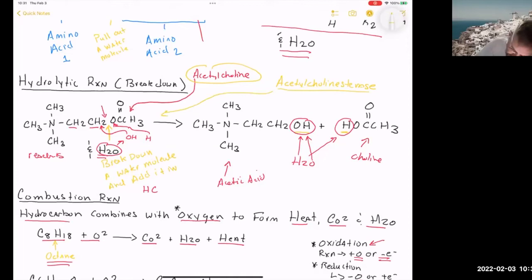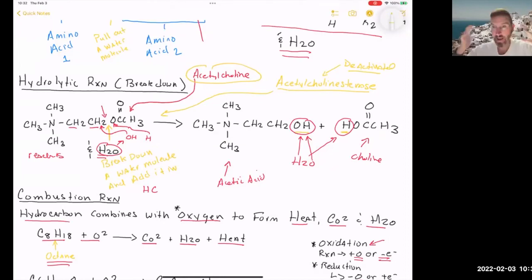And there are certain types of pathology where this enzyme can be deactivated. And if acetylcholinesterase gets deactivated, then acetylcholine will not break down efficiently, and you will have sustained action of acetylcholine.